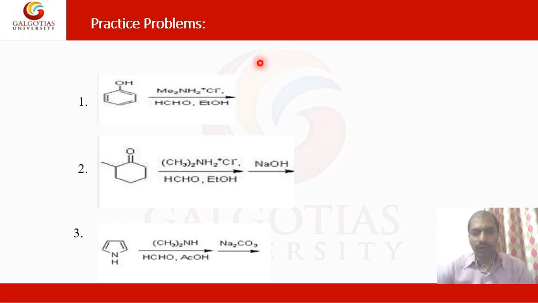After all the discussion, you should be able to answer these types of questions, which can be practiced further. These reactions can be worked out on the basis of the mechanisms we have discussed. It is essential to practice these kinds of questions to understand the basic concept of mechanism.